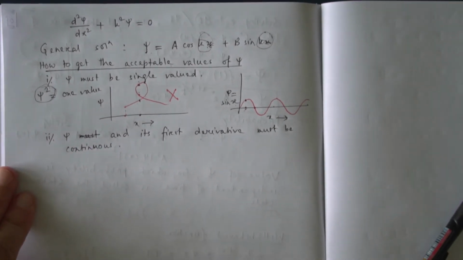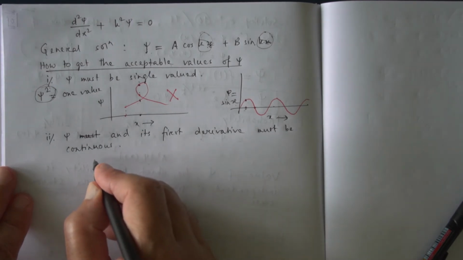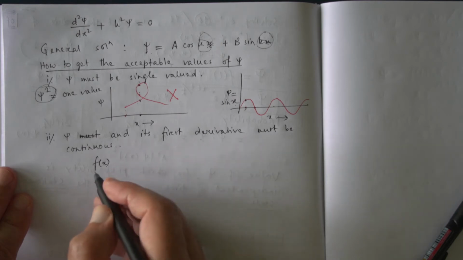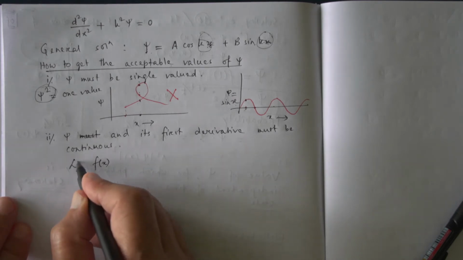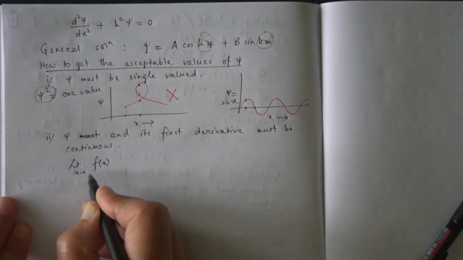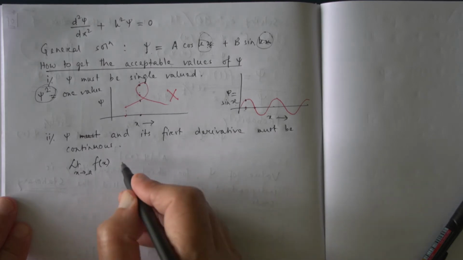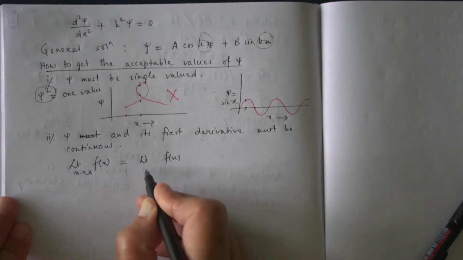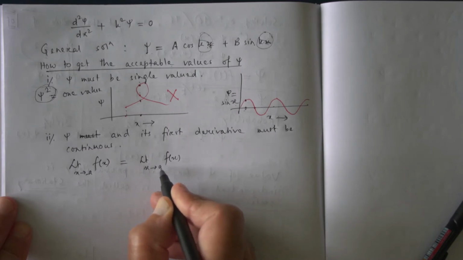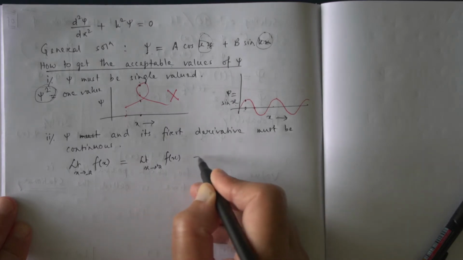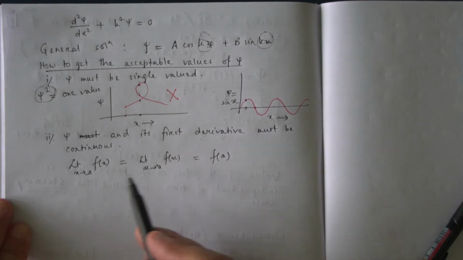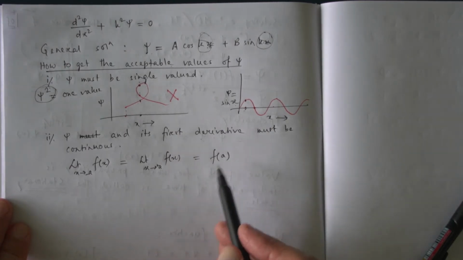And from calculus you know that, say we have a function f(x). In order to be continuous, the limit as x tends to a from the minus side must be equal to the limit as x tends to a from the plus side, and that must be equal to f(a). We know this condition: left hand limit, right hand limit equal to f(a).